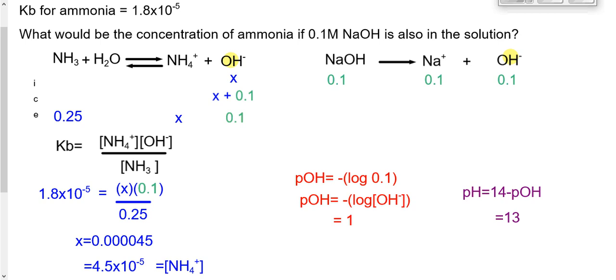Since pOH is the negative of the log of the concentration of hydroxide, the negative of the log of 0.1 is 1. pH then is 14 minus the pOH, and we get a value for the pH of 13. We added a strong base, and as expected, this solution became significantly more basic.